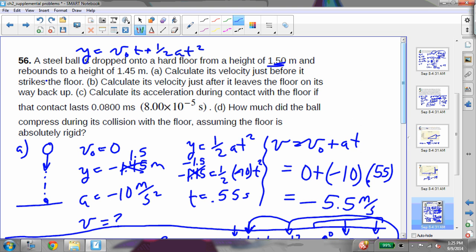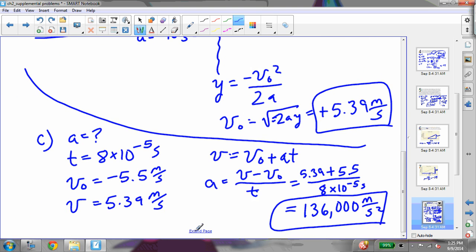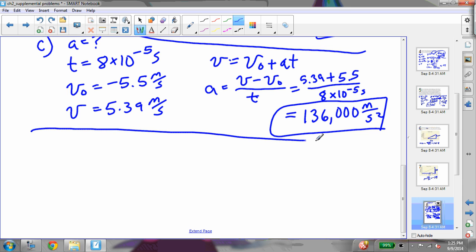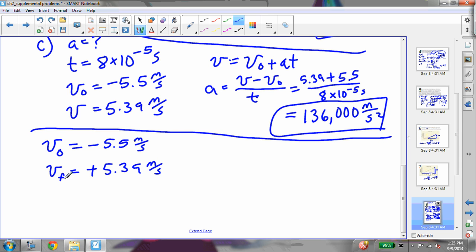And how much did the ball compress during its collision with the floor, assuming that the floor is entirely rigid? Well, what do we know here? We know that our initial velocity is equal to negative 5.5. And we know that our final velocity equals positive 5.39. We know that our acceleration now is 136,000. And what else do we know?